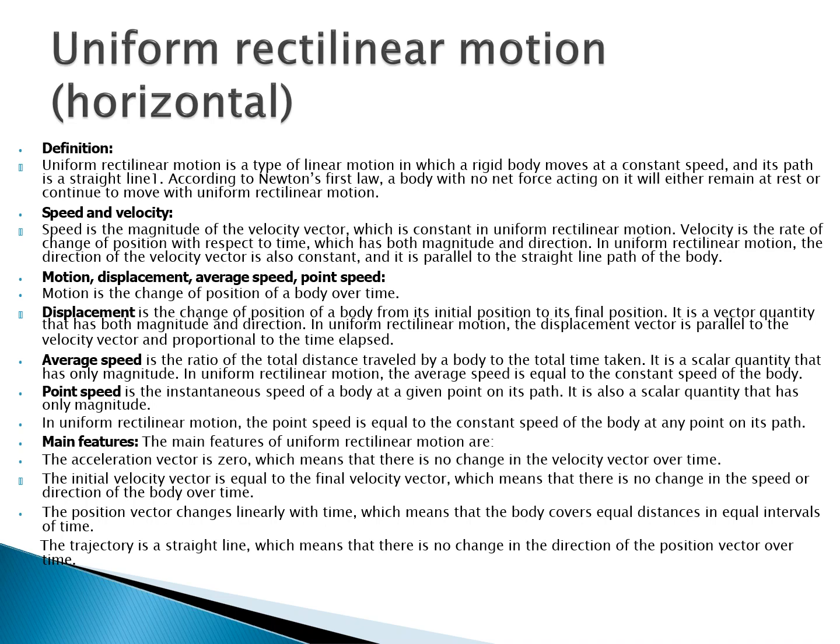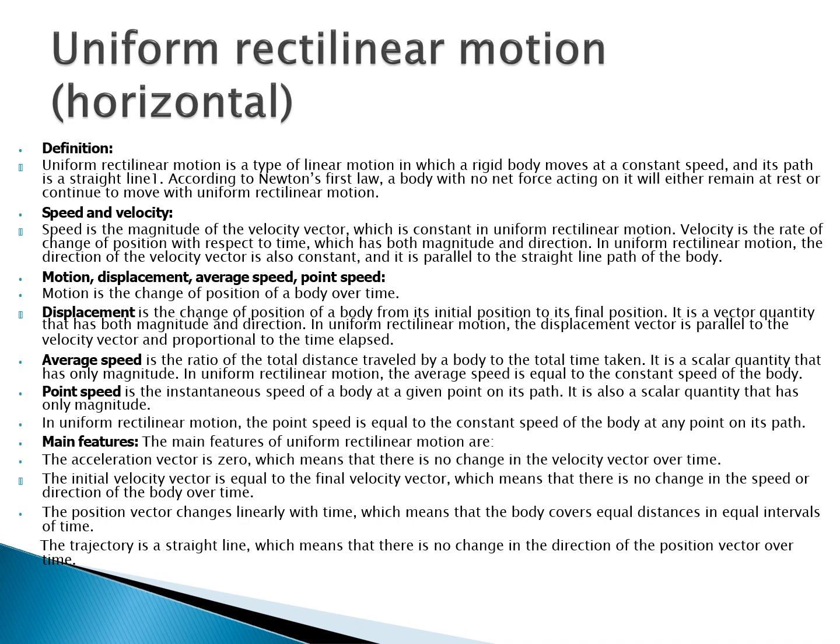Average speed is the ratio of the total distance traveled by the body to the total time taken. It is a scalar quantity that has only magnitude. In uniform rectilinear motion, the average speed is equal to the constant speed of the body.